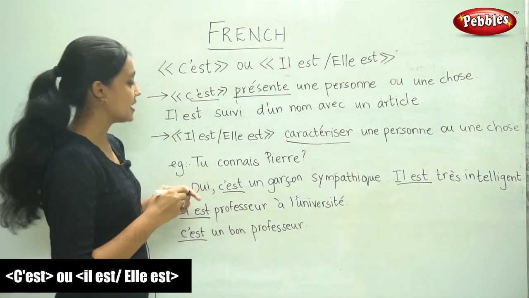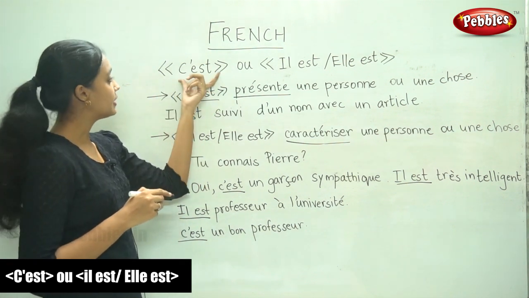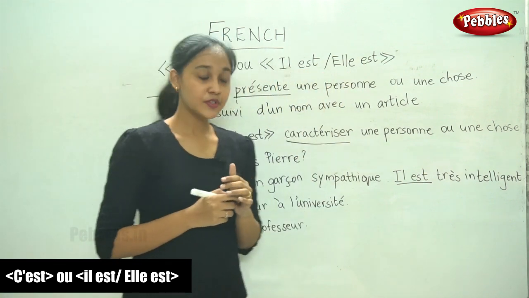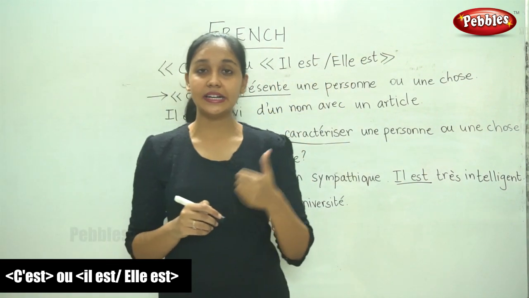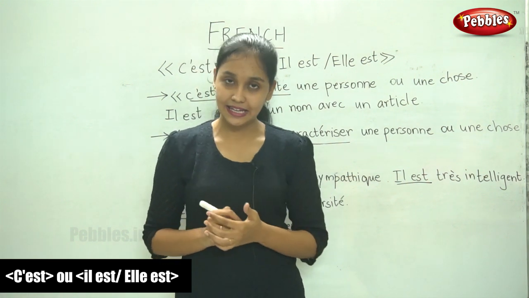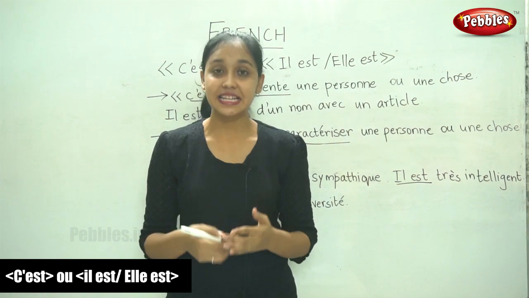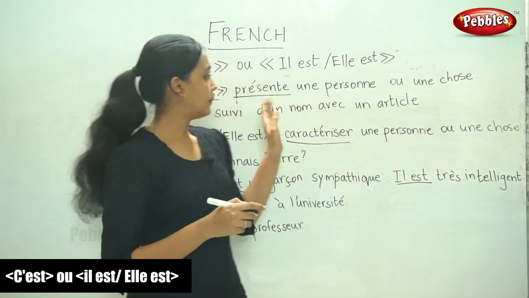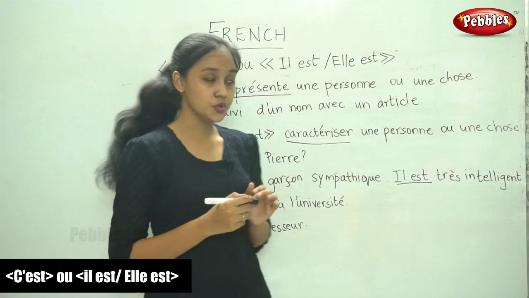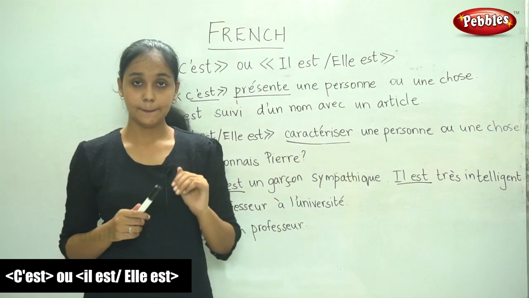So in this case, for this concept, we have to learn how to fill in either c'est or il est or elle est. So in which cases do we write c'est and which cases do we use il est or elle est? Just simple rules. So when you are presenting a person or a place, pour présenter une personne ou une chose, then in that case we use c'est.